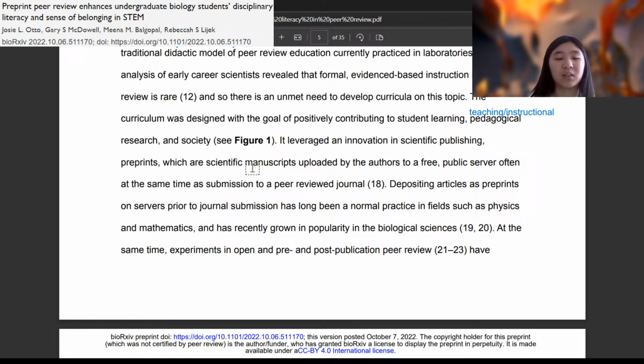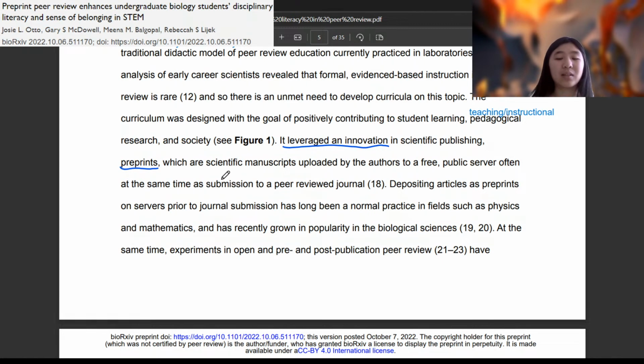So preprints are a fairly new idea in the scientific community, where most of the time, in order to read someone else's research, you have to pay in order to download and access it.